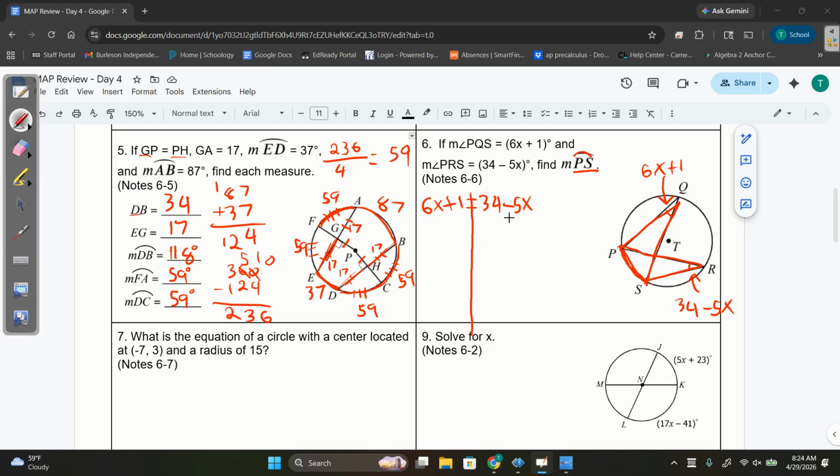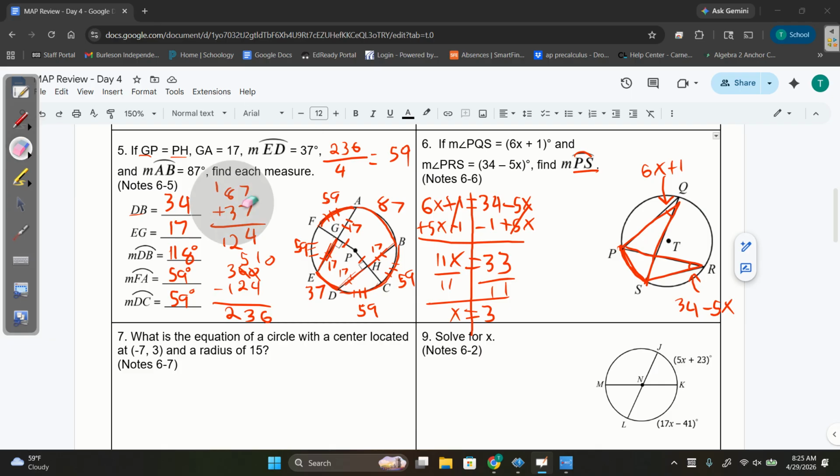To move the minus 5x over, I got to add 5x. And to move the plus 1 over, I got to minus 1. To get the x by itself, we got to divide by 11. And I get x is 3.